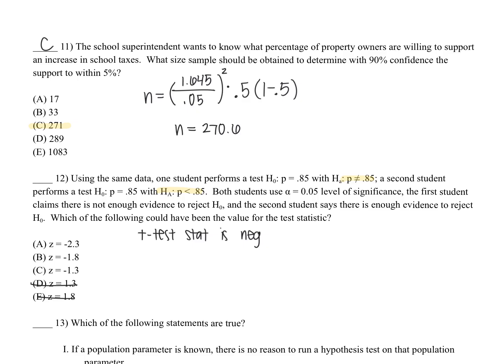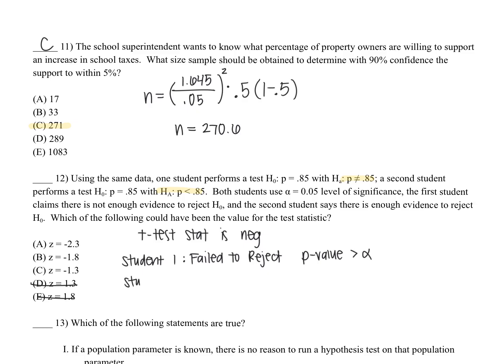So you're going to do normal CDF for each of the three and figure out, for student one, because they failed to reject, that means we're looking for a p-value greater than alpha.